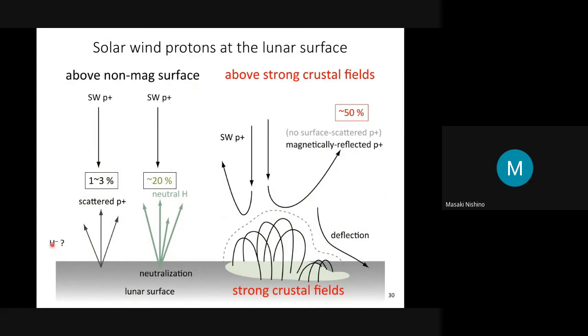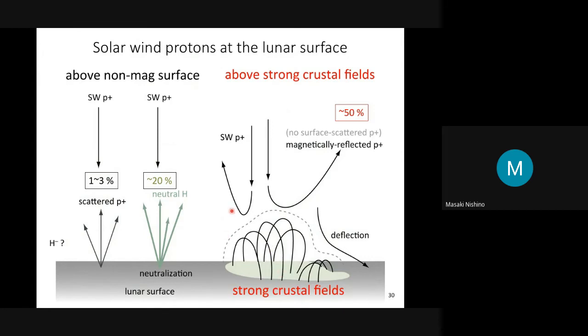And actually, some of them are scattered as negative hydrogen ions, but unfortunately, we didn't have such a negative ion detector, so we have never seen such a negative ion component. And about 20% of incident solar wind protons are neutralized at the lunar surface.